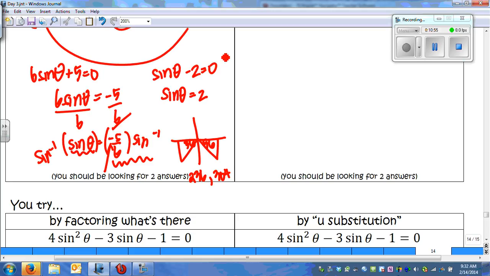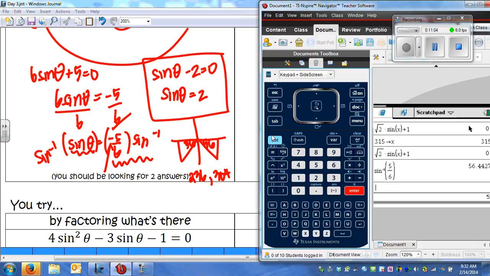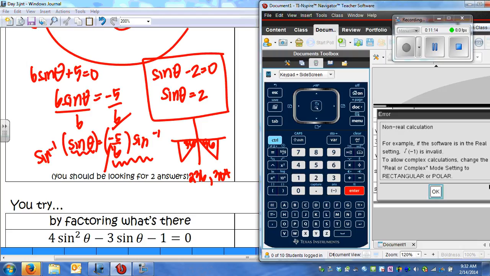You might be wondering what happened here. What happened with sine theta equals 2? Well, I don't know any angles where sine theta equals 2. If we take the inverse sine of 2, like we did, to figure out what angle has a sine of 2, once you hit enter, you have a non-real calculation.